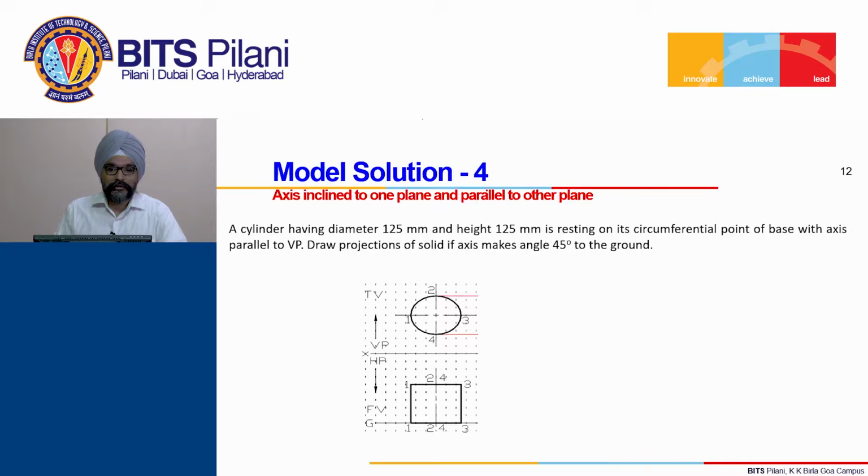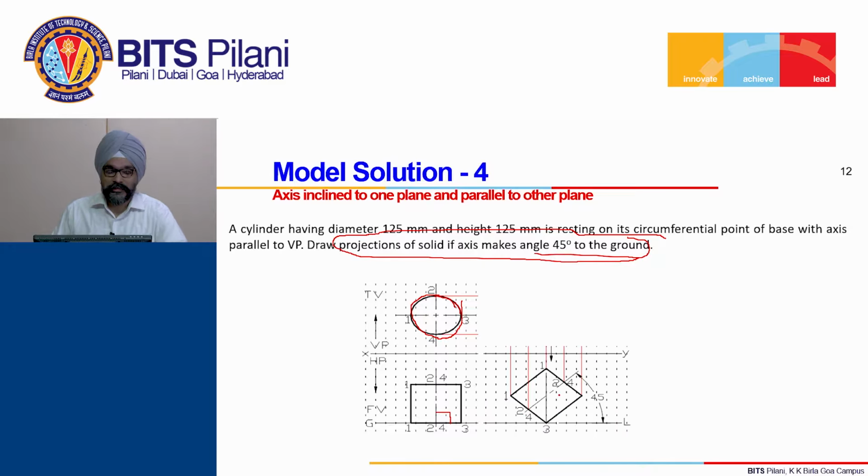So you see here again the true shape of the base, that is the circle that we have drawn in the top view, because the inclination is with the ground. In the initial position we take the axis perpendicular, and the required condition of the axis making 45 degree with the ground we fulfill in the second stage.